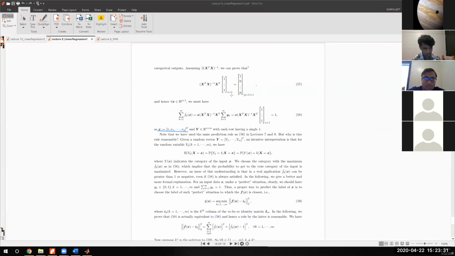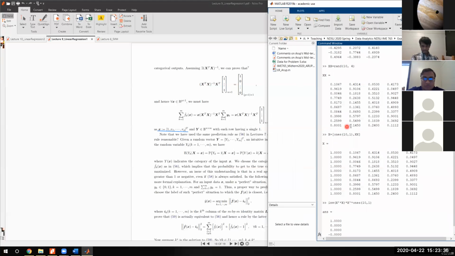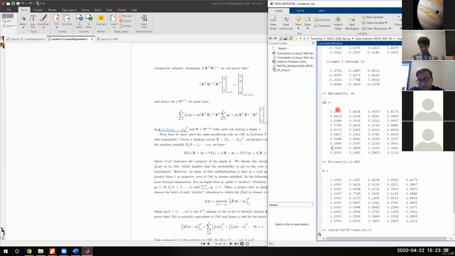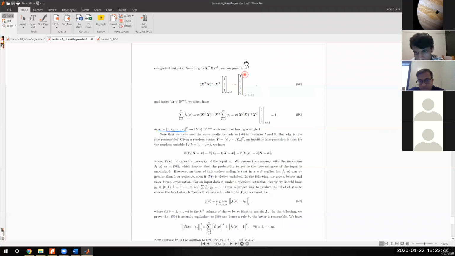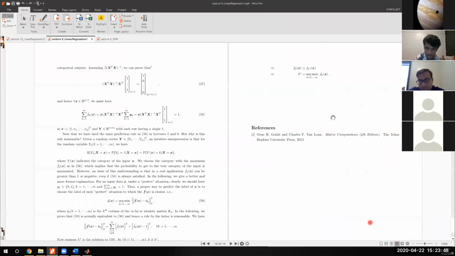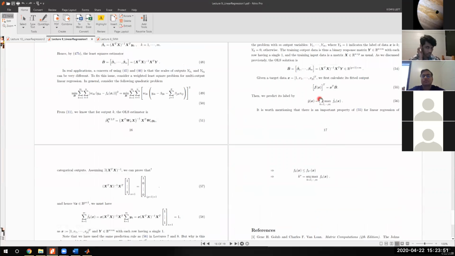In the MATLAB example that I just ran, I randomly generated the second part, which is random, 10 rows, 4 columns. Now let's have a look. If X is this way, then what are you going to have? Look at your fx. Your fx equals x transpose beta hat, right?